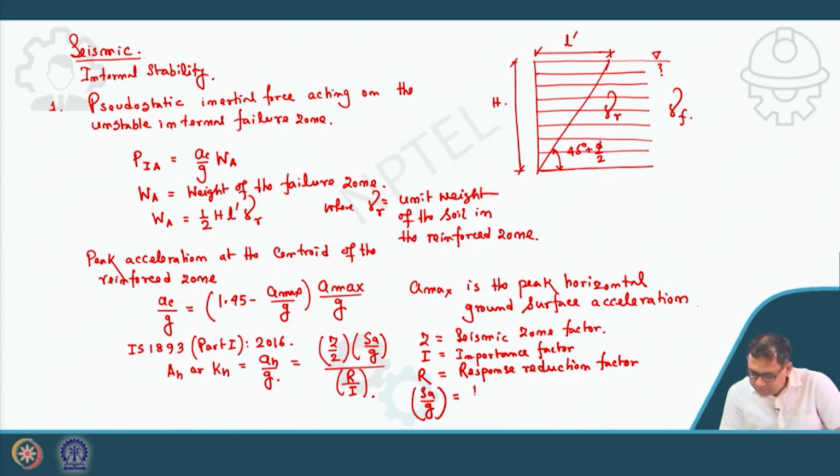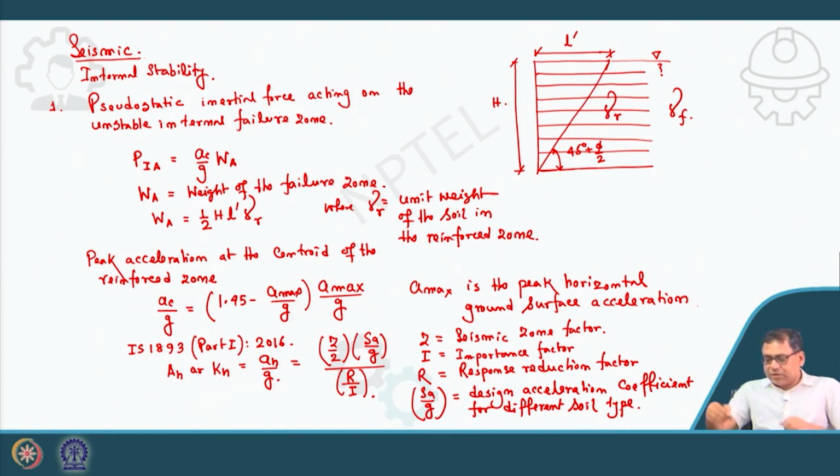So, that is equal to the design spectral acceleration. So, this is the design acceleration coefficient for different soil types.